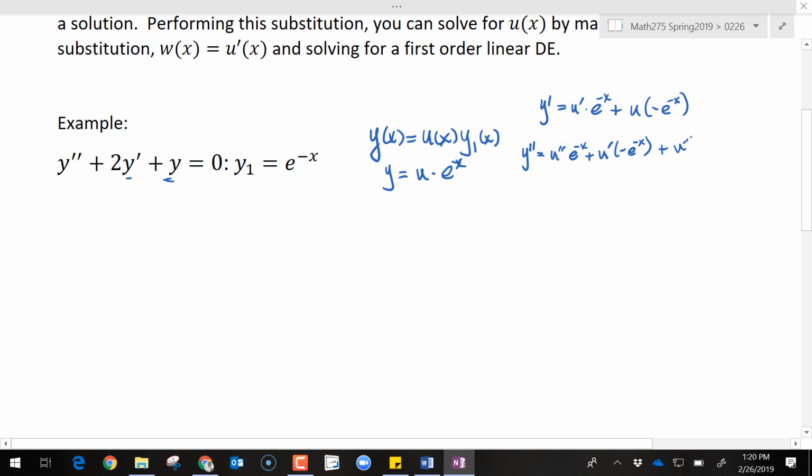Derivative of the first times the second plus the first times the derivative of the second. The second here has a negative, so the derivative of that is going to be a positive. Is that okay? Did I do that right?